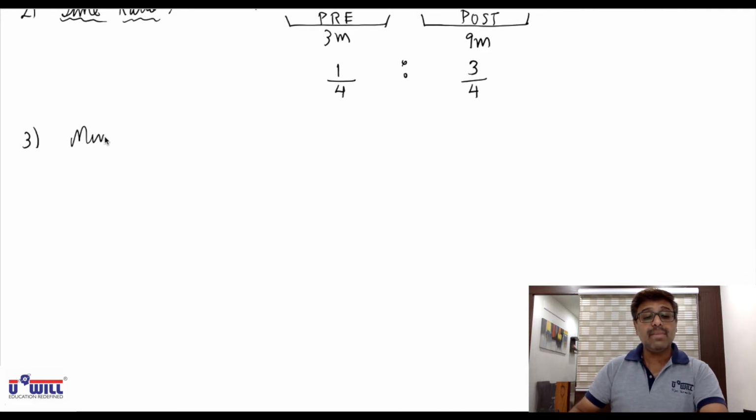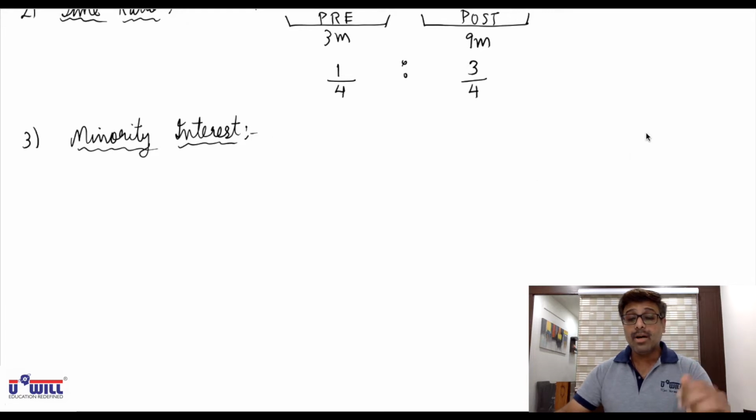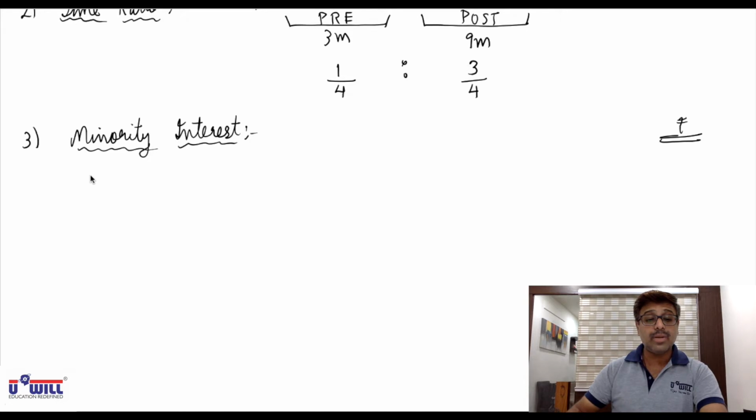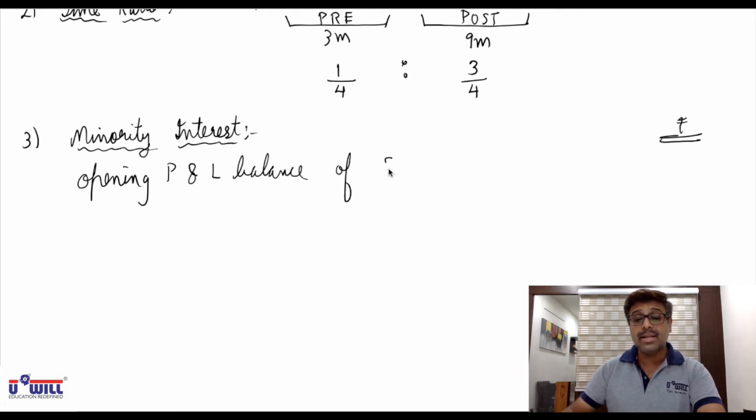Third working we will make for minority interest. All of you see that you master the workings what I made you write in the last lecture. Prepare the workings thoroughly well. Now minority interest, first we will start with opening profit and loss account balance of S Limited, which is not there.